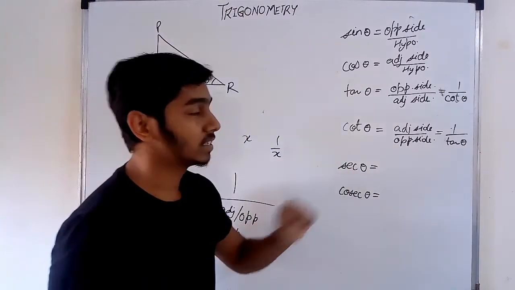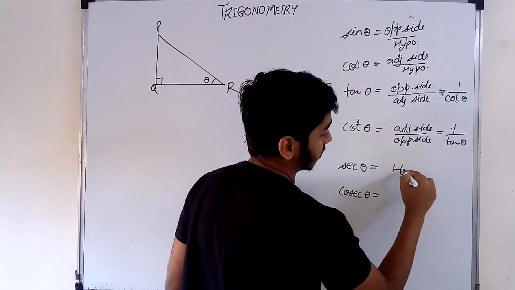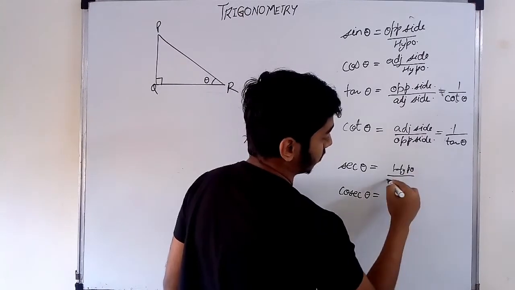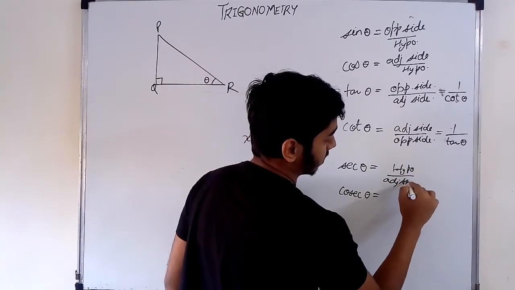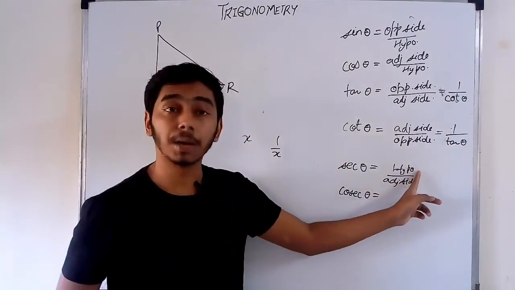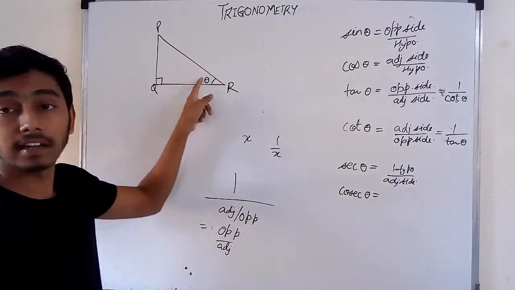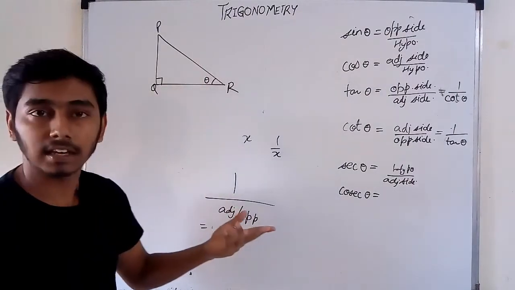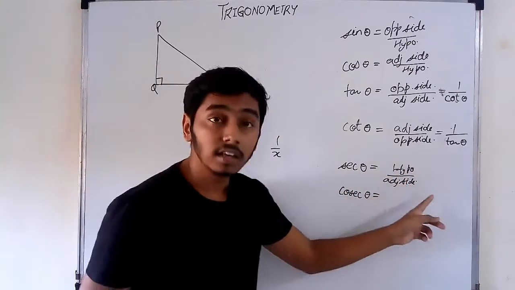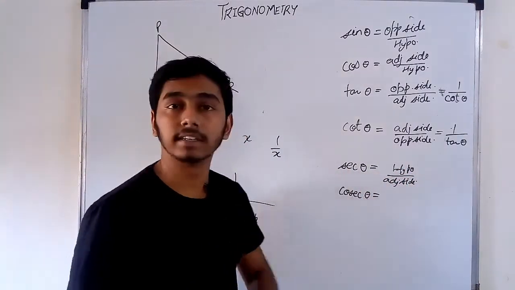Same way, what is sec? Sec is hypotenuse upon adjacent side. If I take the hypotenuse divided by the adjacent side of angle theta, of any angle you consider, then this ratio is called sec theta.